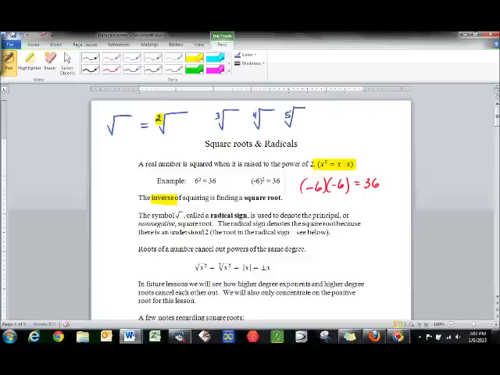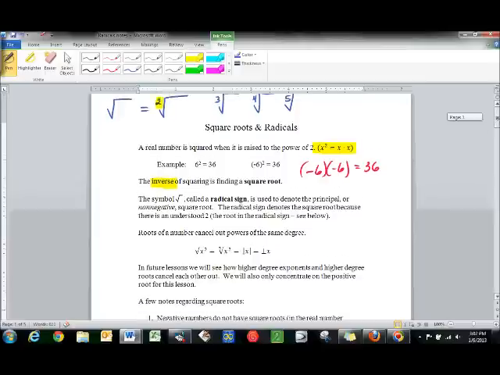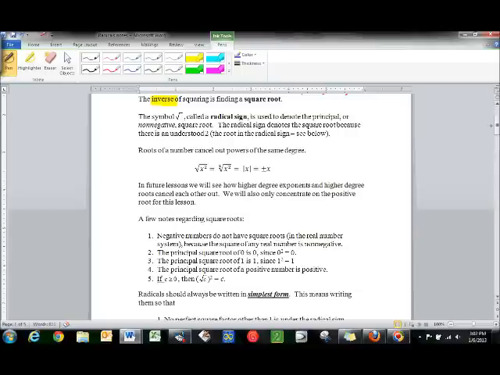And as we said before, whenever we use the radical sign, we're actually using the inverse property, and basically a square root undoes a square, a cube root undoes a cube, and so forth. So we're going to focus mostly on square roots right now, as that's what we're going to be focusing on in Chapter 5. So let's take a look at how a square root actually works and how they cancel out powers with the same degree.